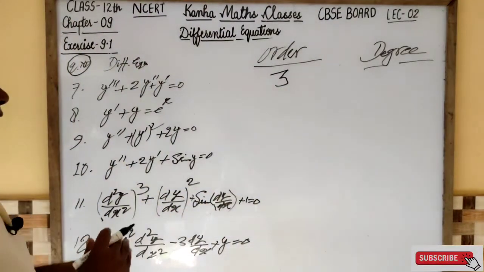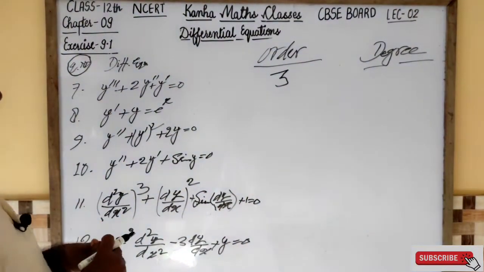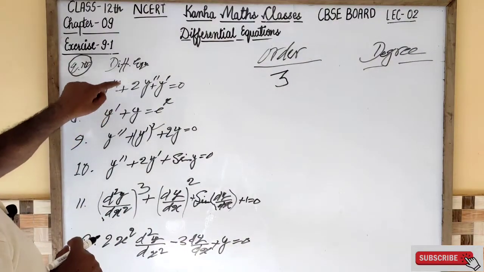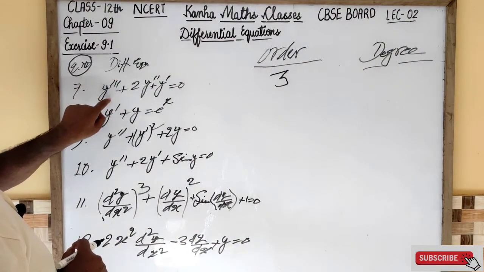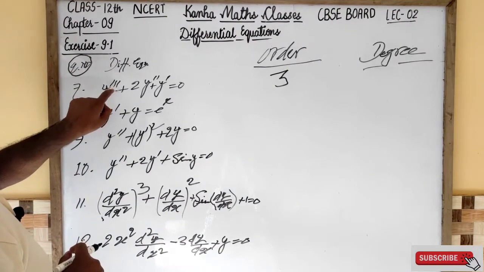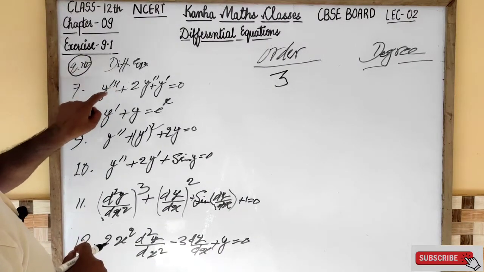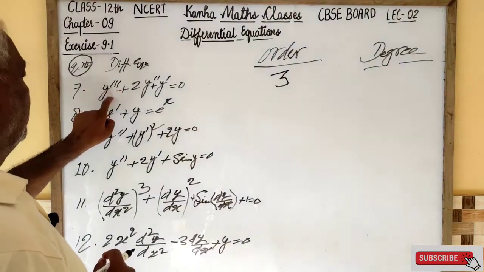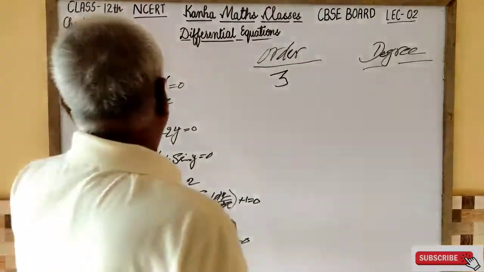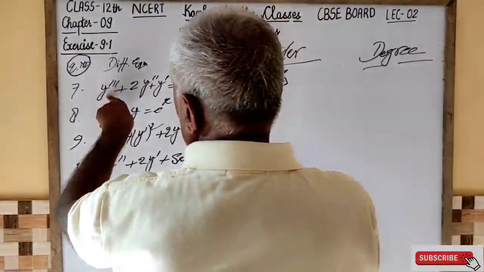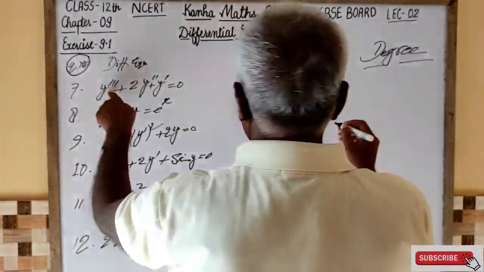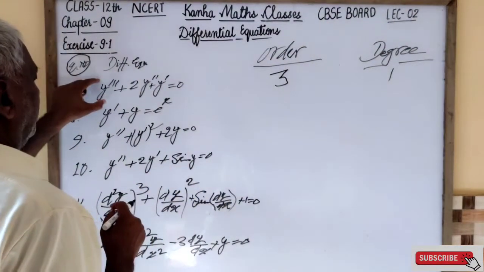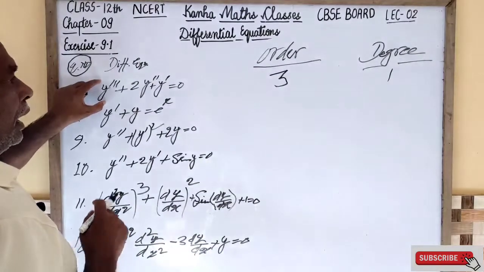And the power of the highest order derivative, the highest order term is y triple dash, but it has no power, meaning only one power. It means the degree of this differential equation will be equal to 1, because the highest order derivative has only one power.